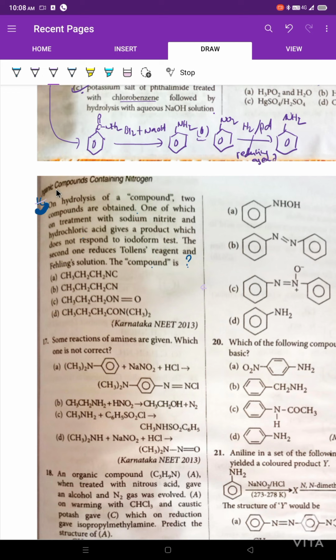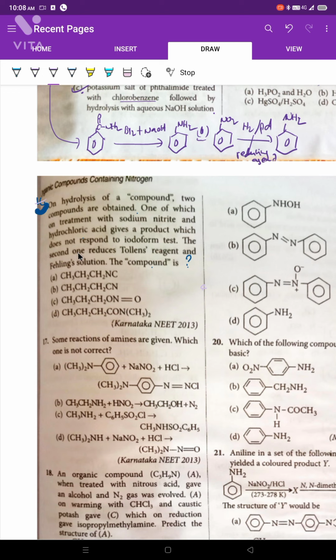On hydrolysis of a compound, two compounds are obtained, one of which on treatment with sodium nitrite and hydrochloric acid gives a product which does not respond to the iodoform test.